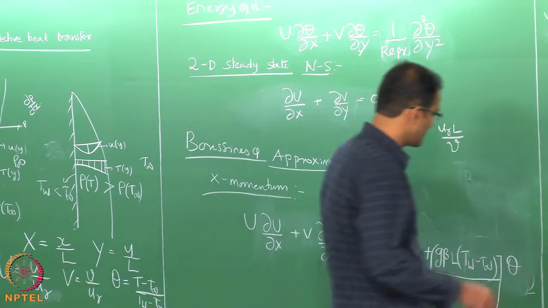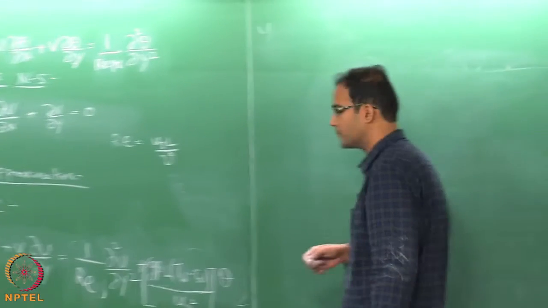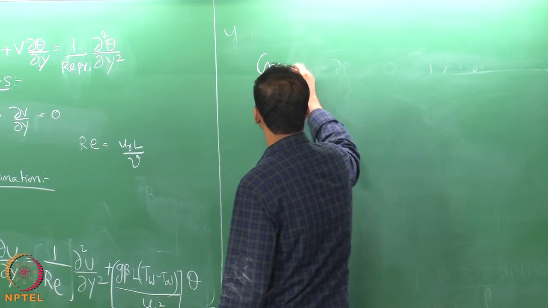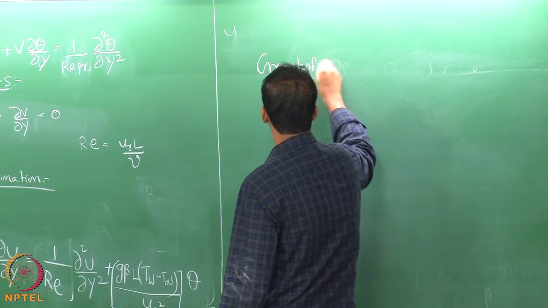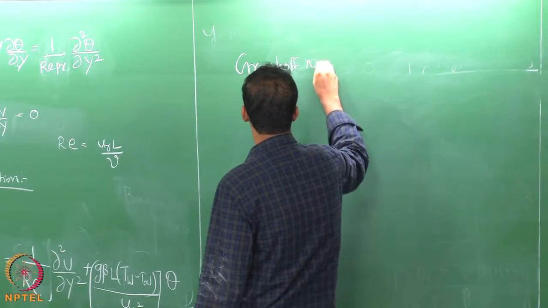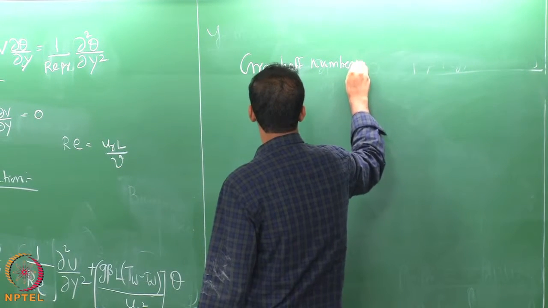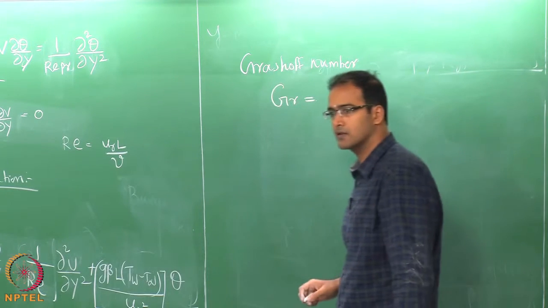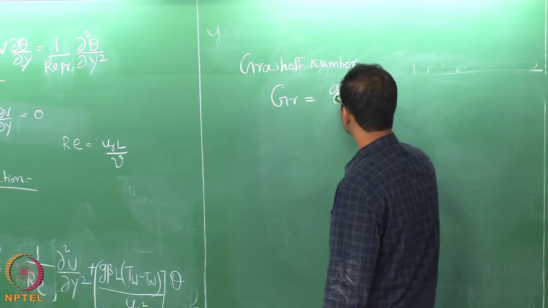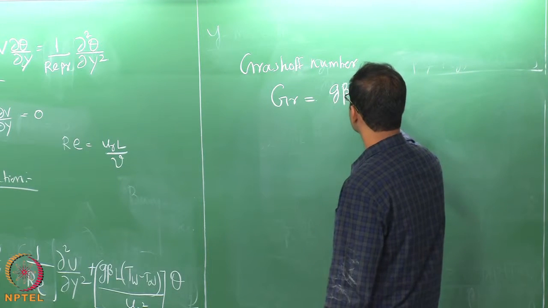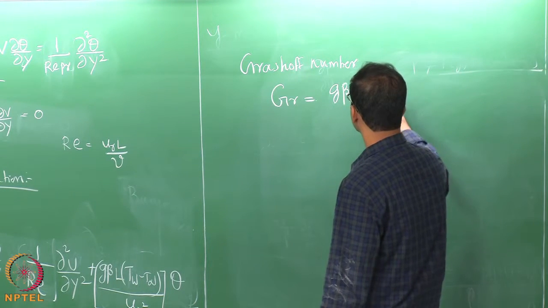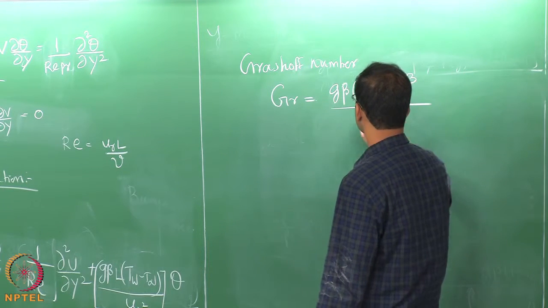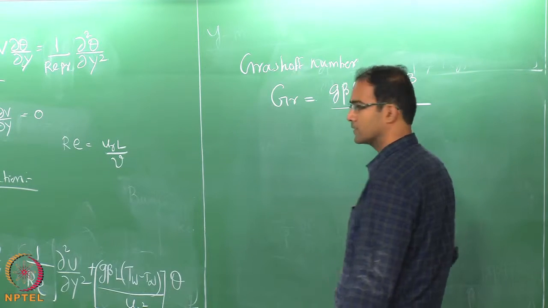We will now define a non-dimensional number in natural convection. This is called the Grashof number, usually denoted as Gr. This is the ratio of buoyancy force, g beta into T wall minus T infinity into L cube, divided by the viscous force, nu square.